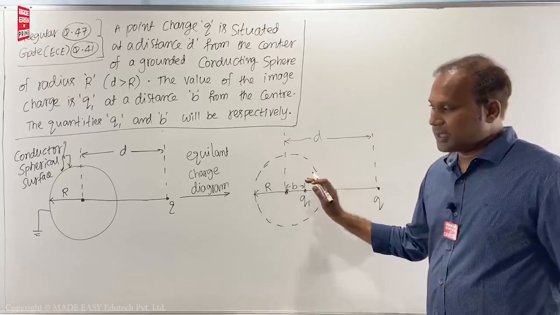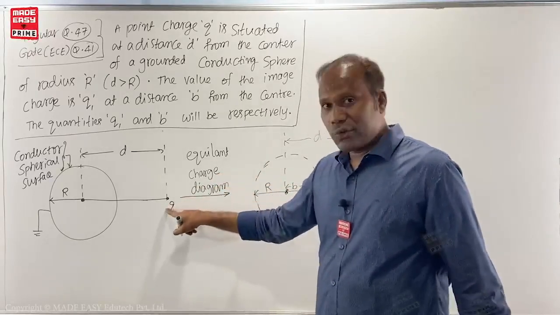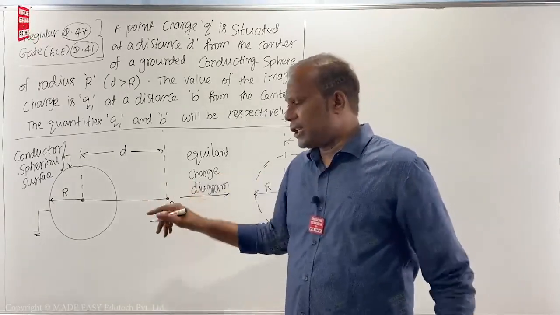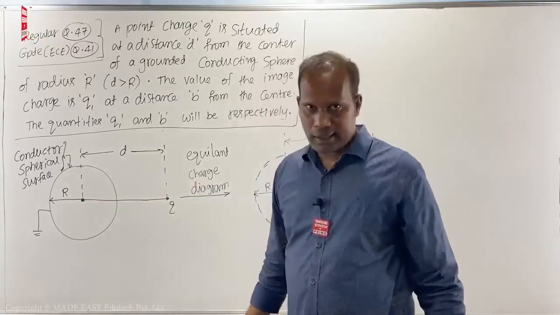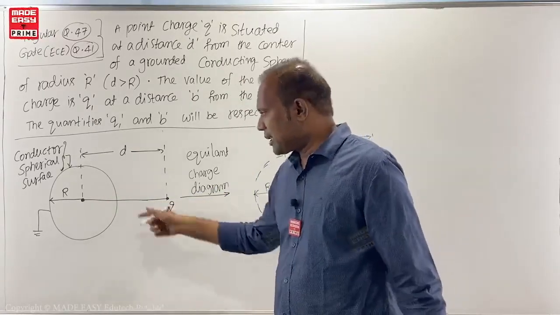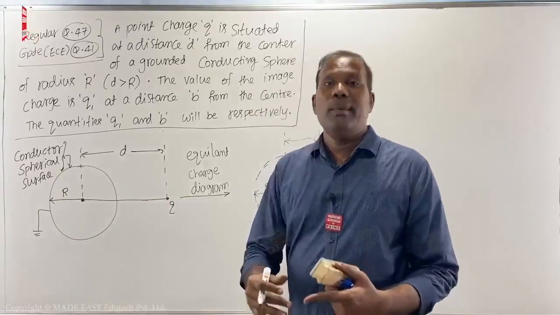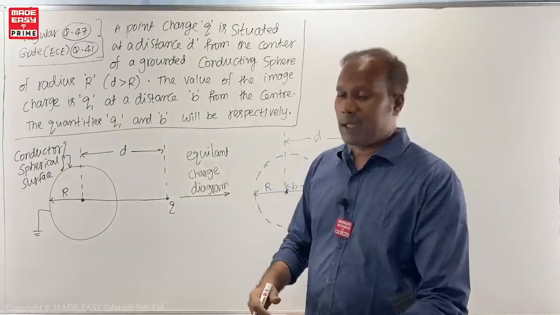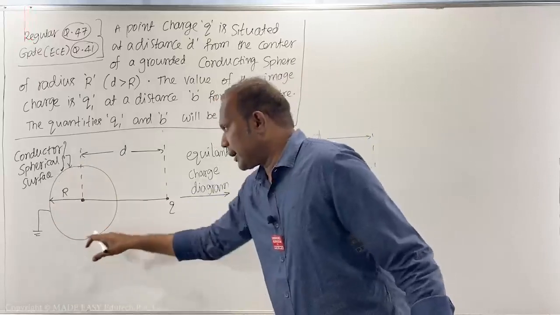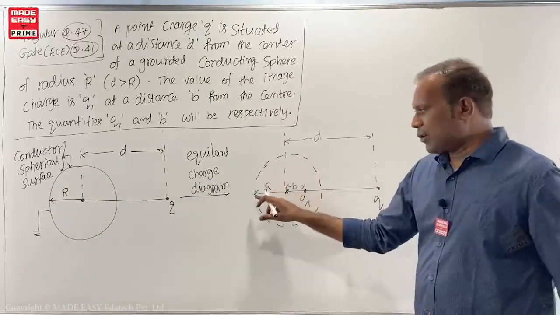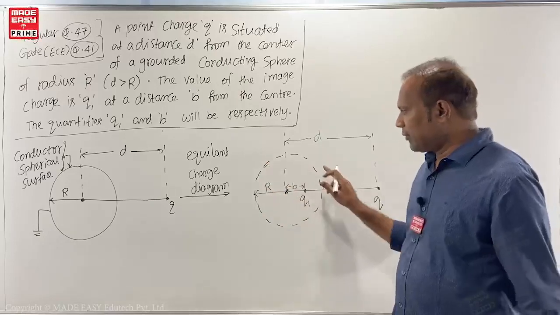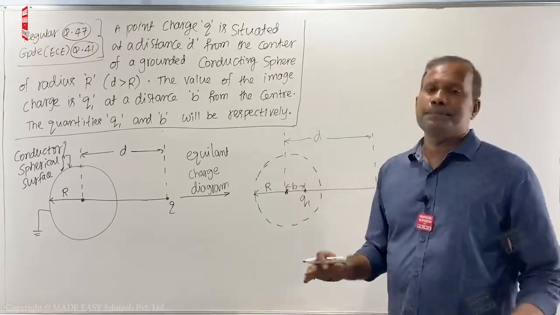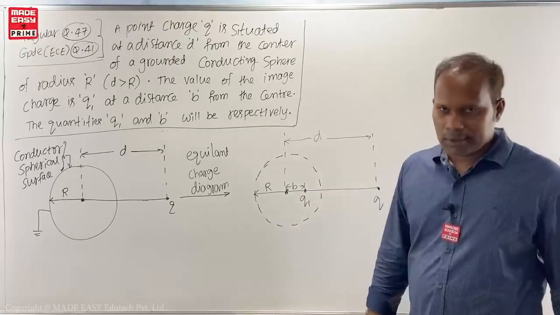So the conclusion is, if a positive charge is outside the sphere, then the image charge should be inside the sphere. If this positive charge is inside the sphere, then the image charge should be outside the sphere, in such a way that on the conductor surface, wherever the conductor surface is there, you imagine one spherical surface. On that you should get 0 volt.